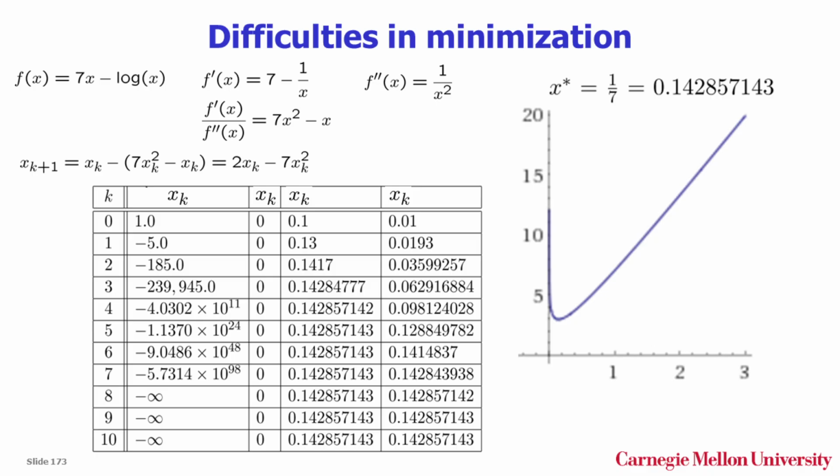If x0 is 0.1, we converge to the correct solution, and similarly for x0 equals 0.01. In fact, in this example, Newton's method converges to the correct minimum only when the starting point x0 lies between 0 and 2/7.